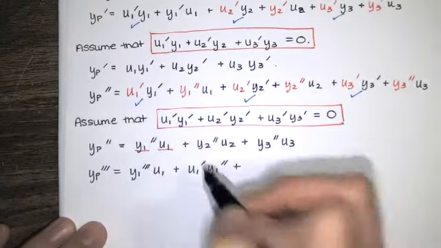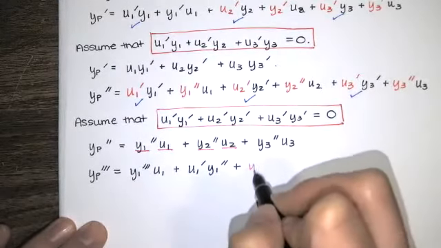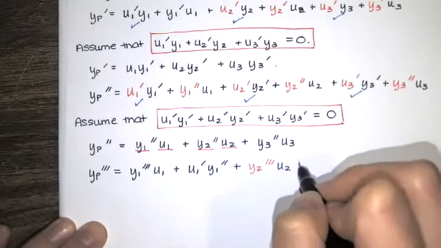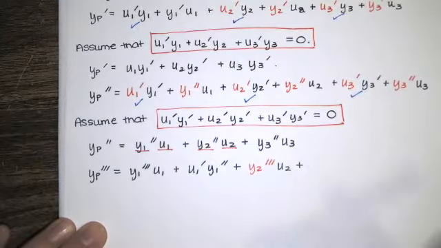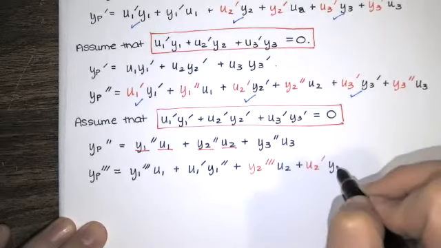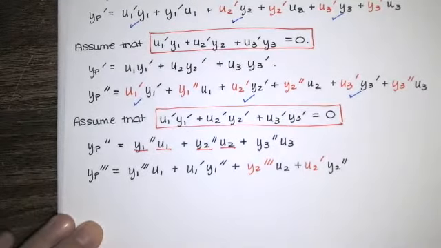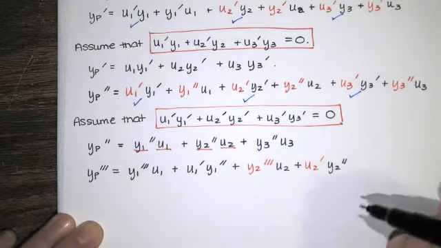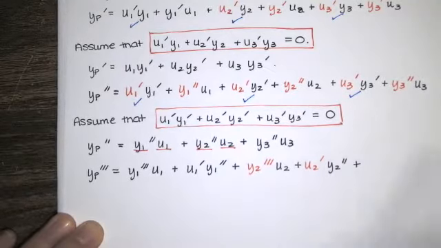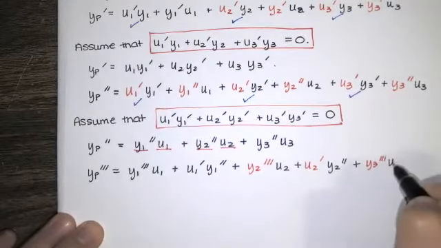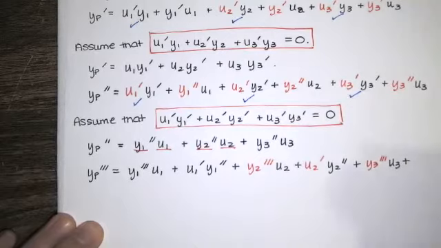That was these. I'll do the same thing here. Derivative of the first times the second plus derivative of the second times the first. And then here we have derivative of the first times the second plus derivative of the second times the first.